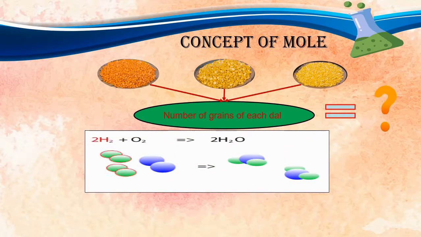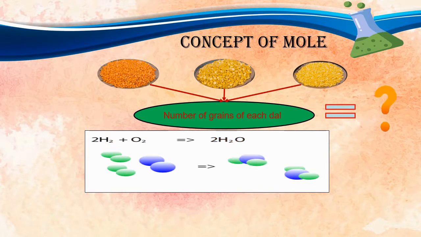When elements and compounds take part in chemical reaction, it is their atoms and molecules that react with each other. Therefore, it is necessary to know the number of their atoms and molecules taking part in the chemical reaction.